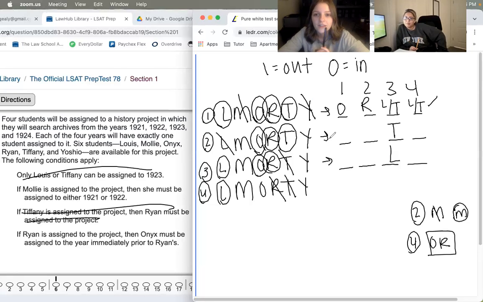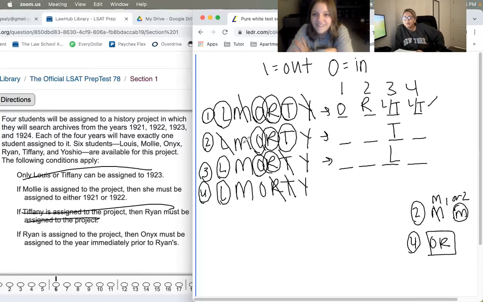If it's in, where could it go? What follows that rule? It could go in 1 or 2. So if it has to go in 1 or 2, and we still have our O and R blocks, because we still have O and R circled in 2, can M be in?